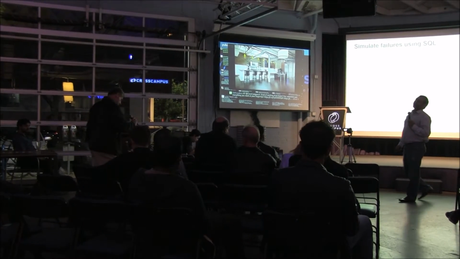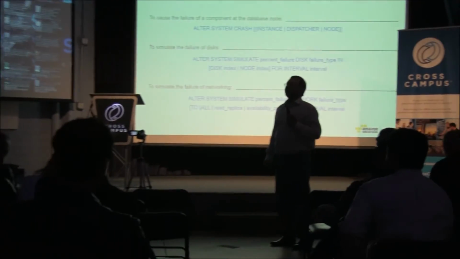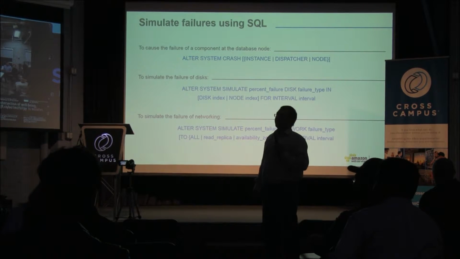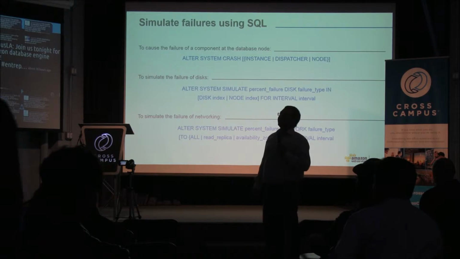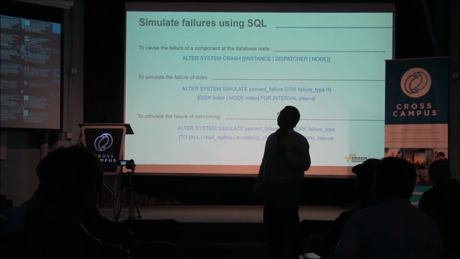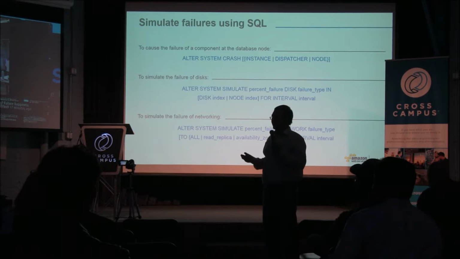Right. So the smallest instance that we have is, I believe, 29 cents an hour. Okay, and then there is a storage cost that you have to pay, which is 10 cents a gigabyte per month, and then there is some I/O cost. But the right way of comparing this is with what you have to pay when you use some other database, right?